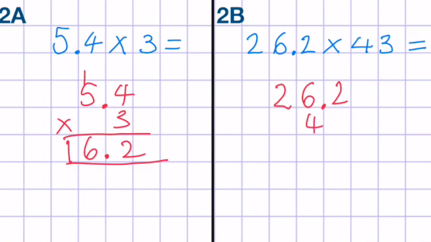Now remember, unlike when you're adding and subtracting decimals, you do not have to line up like for like, so ones and tens and so on, when you are multiplying. Now look at that. I've put my decimal points. This answer box at the end is where I will be adding up my total. So 26.2 times 43. And I've spotted there that needs to be a 3.